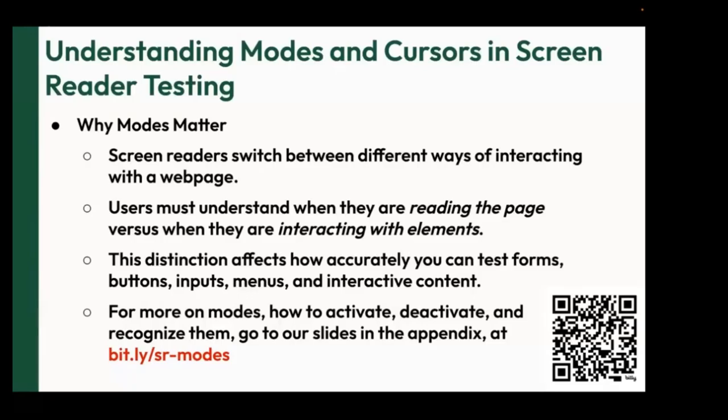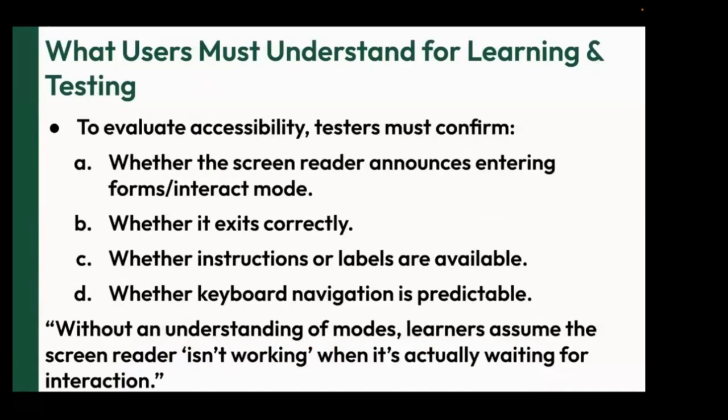So, what should users understand for learning and testing? I've already said this many times, but I can't stress this enough. Understanding the different screen reader modes is so critical because you can't test interactive content unless you know what mode you are in. Incorrect mode leads to incorrect test results.